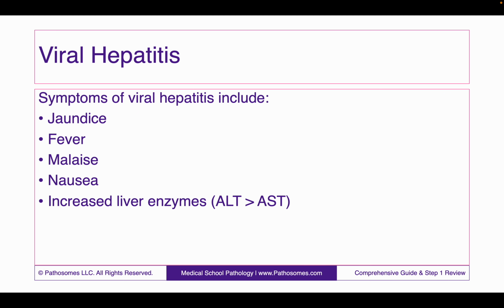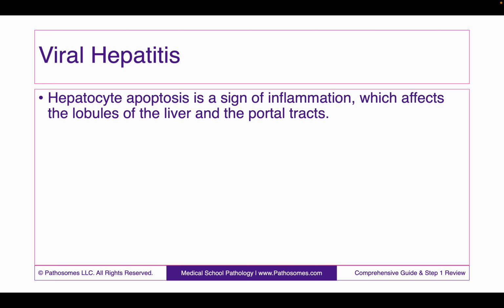Symptoms of viral hepatitis include jaundice, fever, malaise, nausea, and increased liver enzymes, specifically the ratio to know is an ALT greater than AST. Hepatocyte apoptosis is a sign of inflammation, which affects the lobules of the liver and the portal tracts.